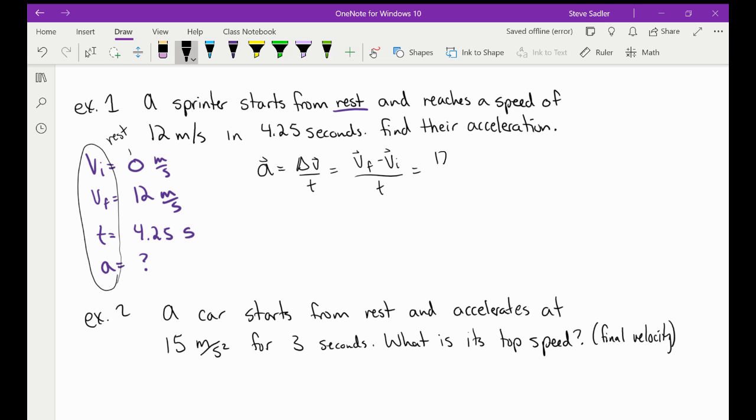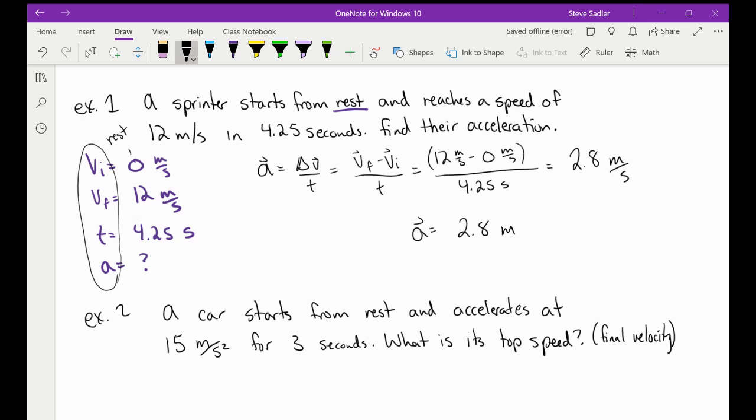And we have all of those values. So we can say 12 meters per second minus 0 meters per second all over 4.25 seconds. 12 minus 0 is just 12, and then divide by 4.25, and that gives us 2.8 meters per second squared. And that's our acceleration.